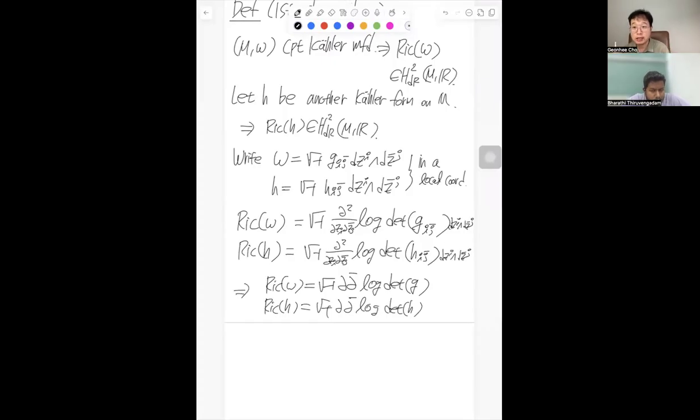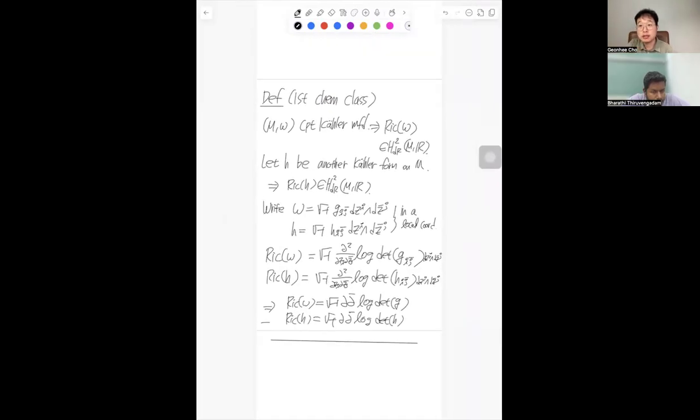So what we can do is take the subtraction of these two. Let's try to subtract these two objects. Then Ricci of omega minus Ricci of h becomes what? i dd-bar of log of the determinant of g divided by the determinant of h.